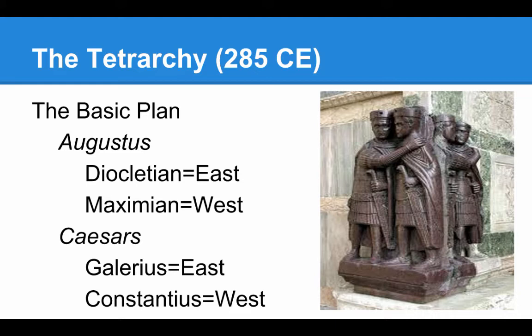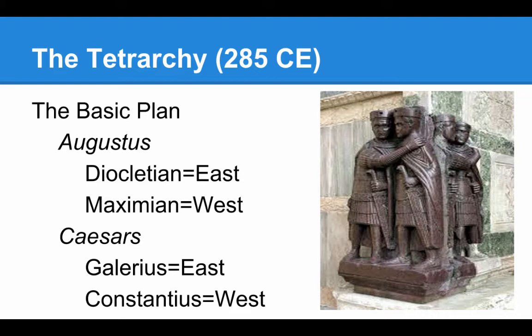Now, his initial plan was to take the empire and split it in two. He, Diocletian, would take control of the east. He then appointed his friend and general Maximian to rule the west. The west would primarily be from Italy over and North Africa, and then the other way toward Turkey, which would be ruled by Diocletian.